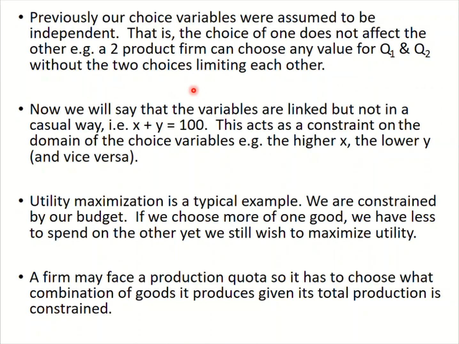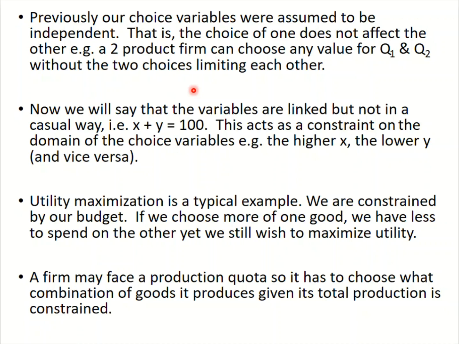With these types of examples that we're going to be working with in this topic, we cannot assume that our choice variables are independent. They are no longer independent, unlike in the previous topic where they were assumed to be independent.